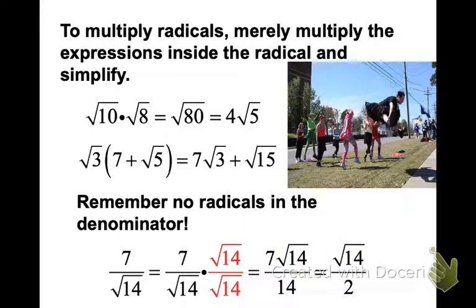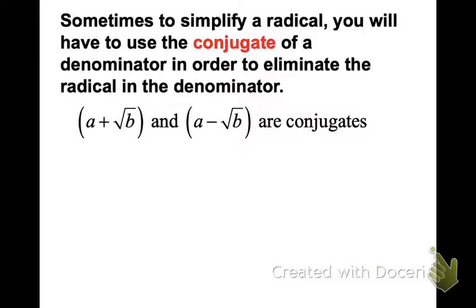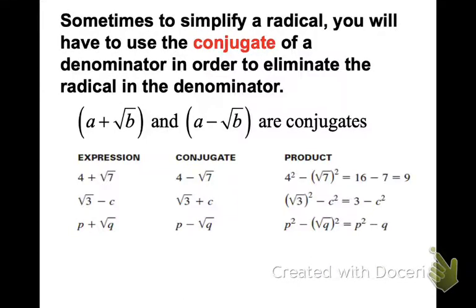All right, now we're going to look at a little bit more complicated denominator. And sometimes we're going to have to use our conjugate. So a reminder regarding conjugates, if we started off with 4 plus square root 7, the conjugate is the exact same expression except we have the inverse operation.